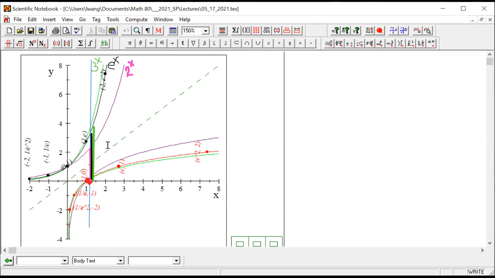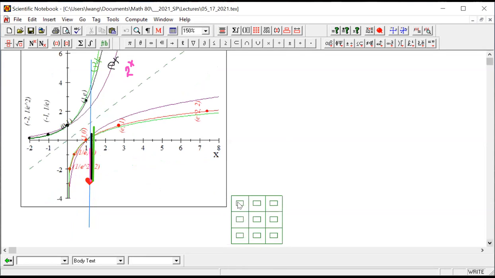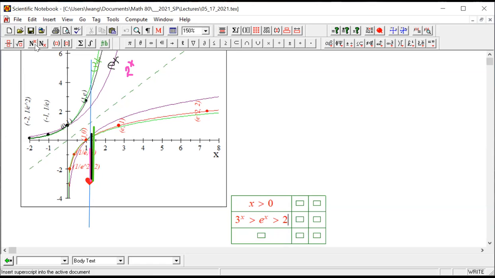Okay. So what do we see here when x is greater than 0? Okay, when x is greater than 0, what happens? You saw it. Okay, the green, which is 3 to the power x, is larger than e to the power x, and it's larger than 2 to the power x.